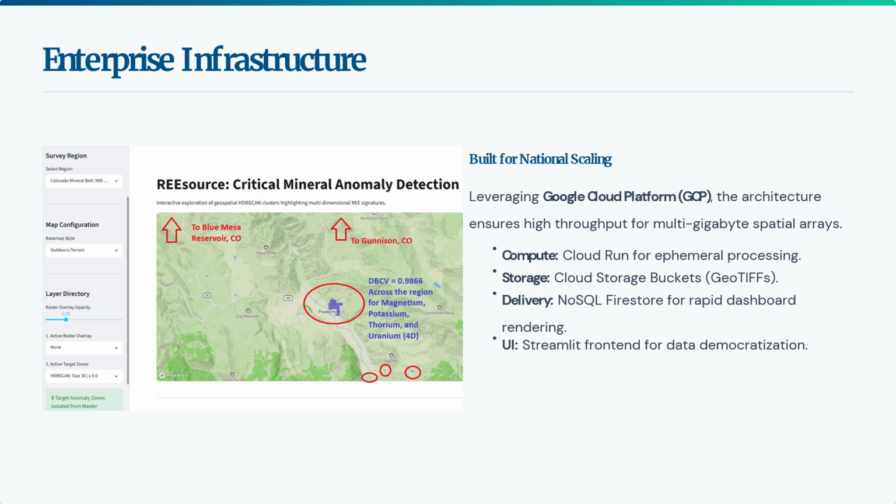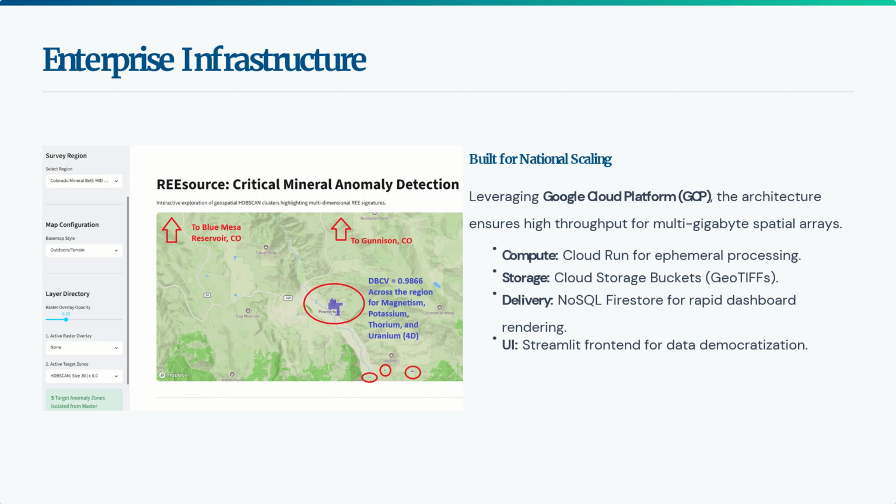Okay, enterprise infrastructure, we're looking at the dashboard. This is the app. The prototype was developed using Google Cloud Platform, or GCP, and it's able to take in survey data from any state in the nation, returning similar identified anomalies with the highest DBCV scores as an end-to-end pipeline.